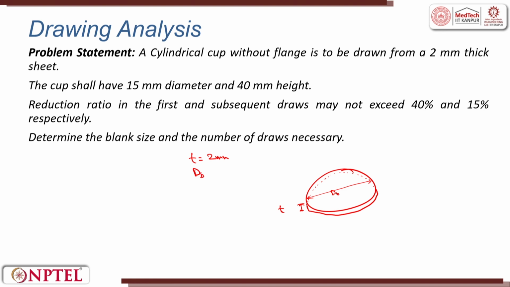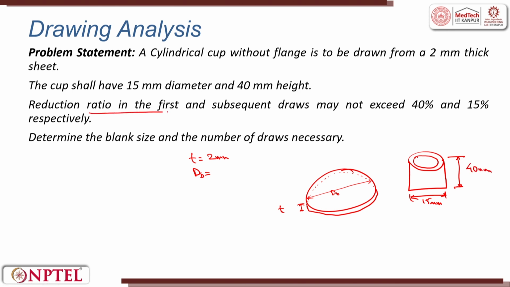Diameter, let us see what it is given. A cup shall have 15 millimeter diameter and 40 millimeter height. A cup is to be drawn from here which should be 15 millimeters in diameter. This is 15 millimeter and height should be 40 millimeters.